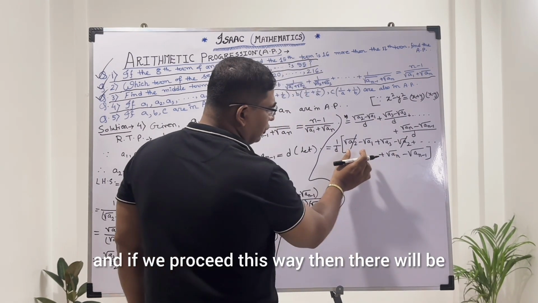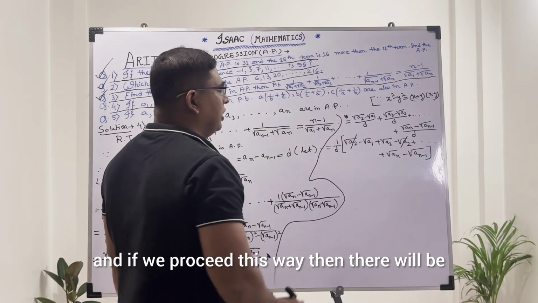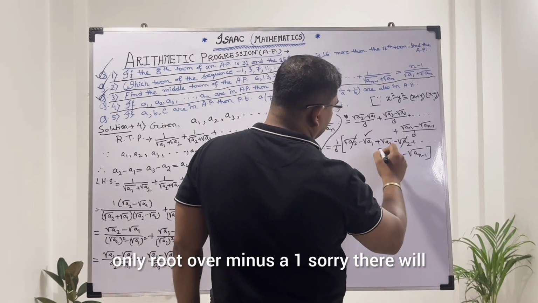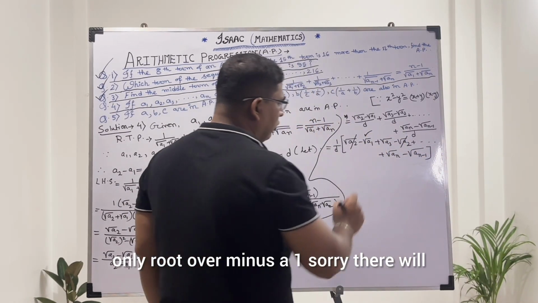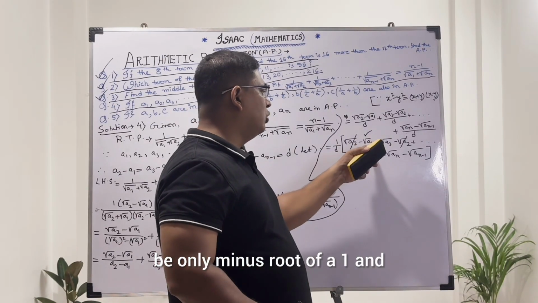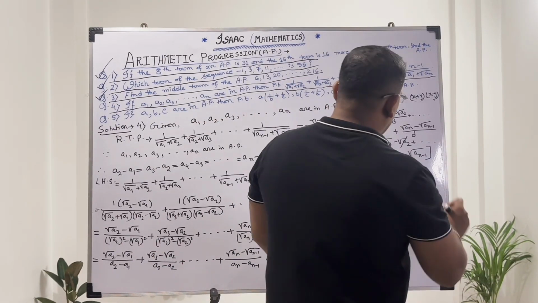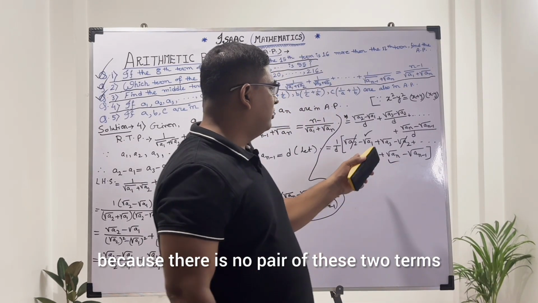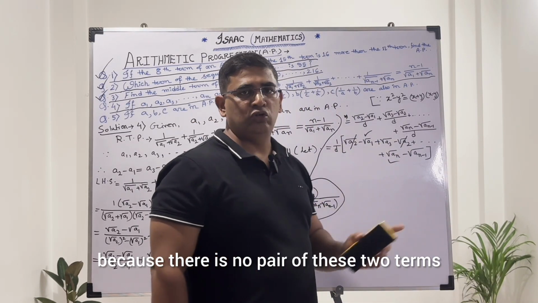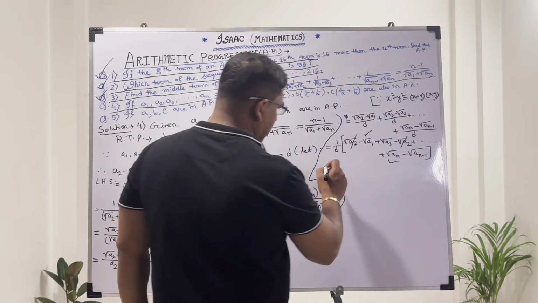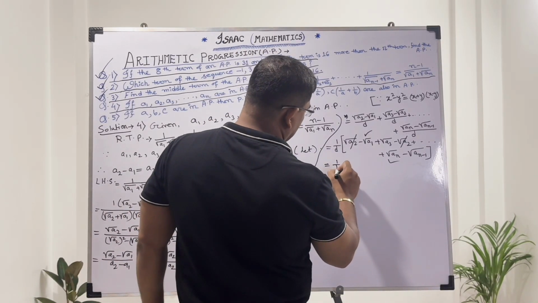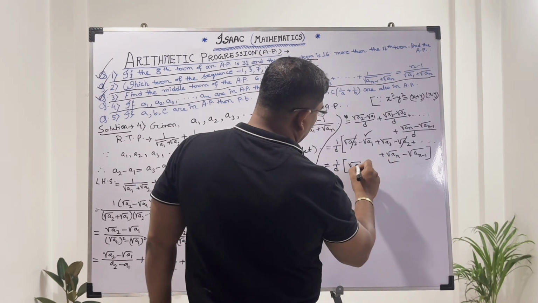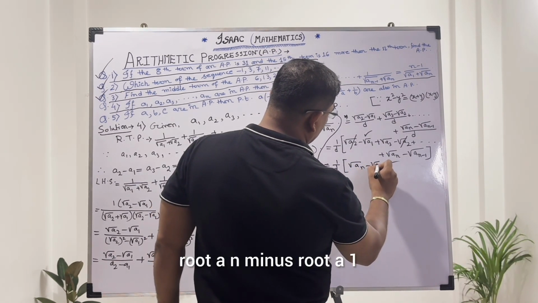And if we proceed this way, then there will be only minus root of A1 and plus root of AN, because there is no pair of these two terms. Thus we get 1 by d times root AN minus root A1.